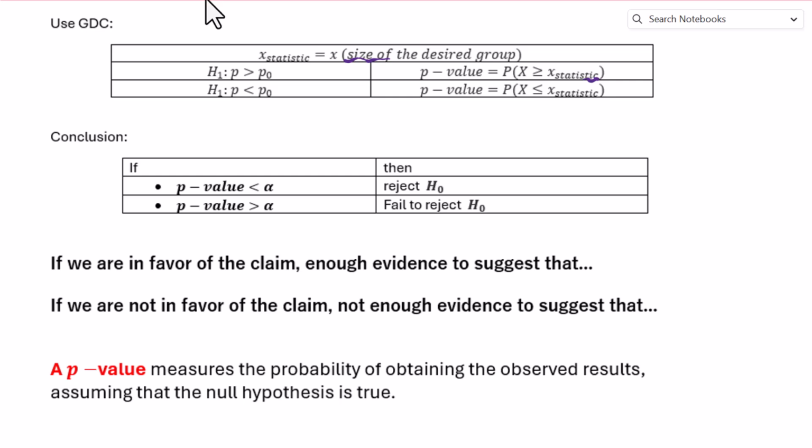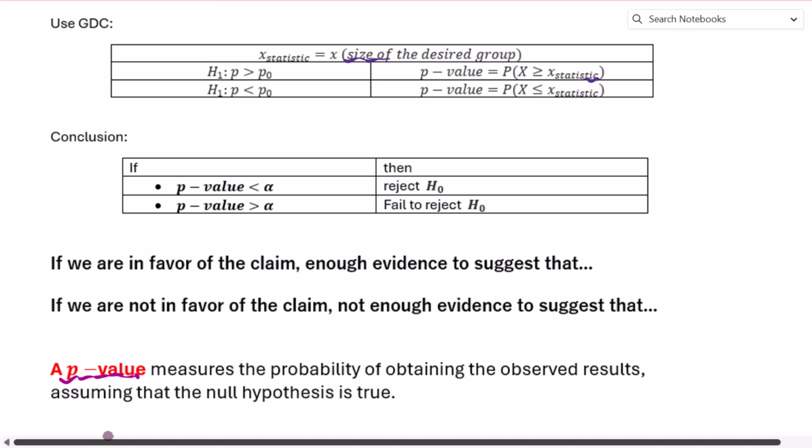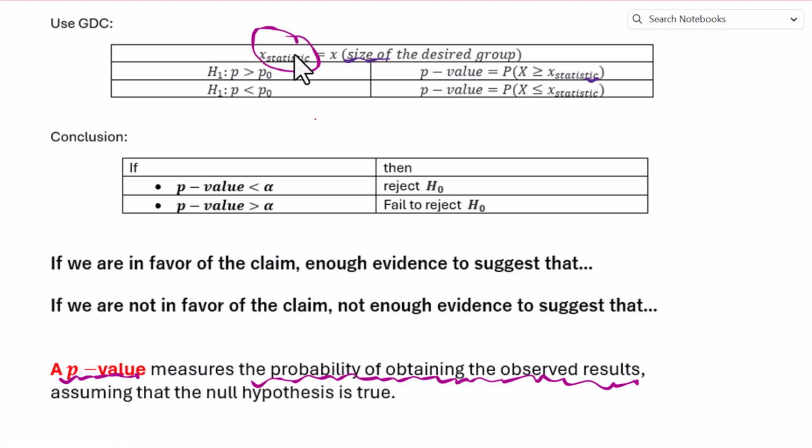We will use the definition of p-value to figure out the p-value in this test. The p-value is the probability of obtaining the observed results, assuming that the null hypothesis is true. X statistic equals the size of the desired group.